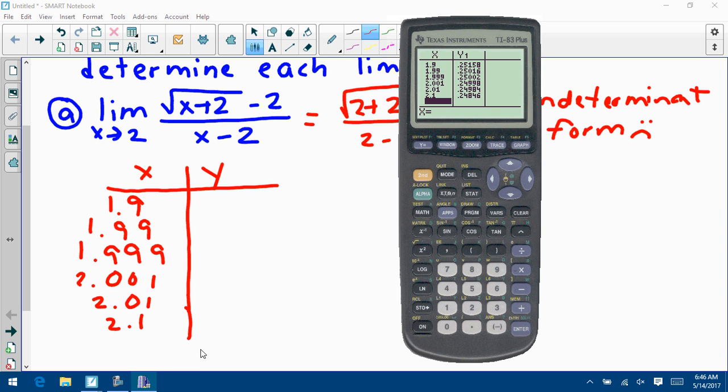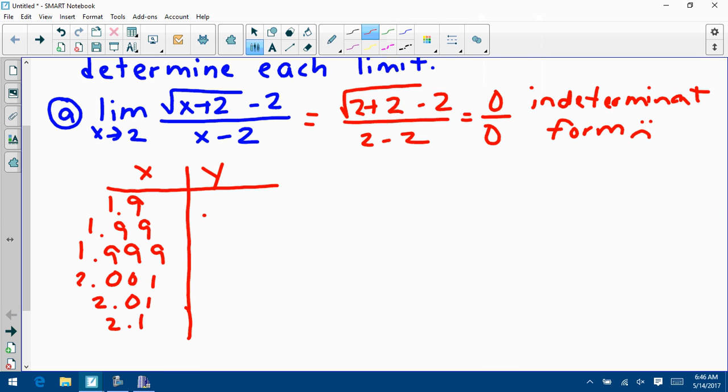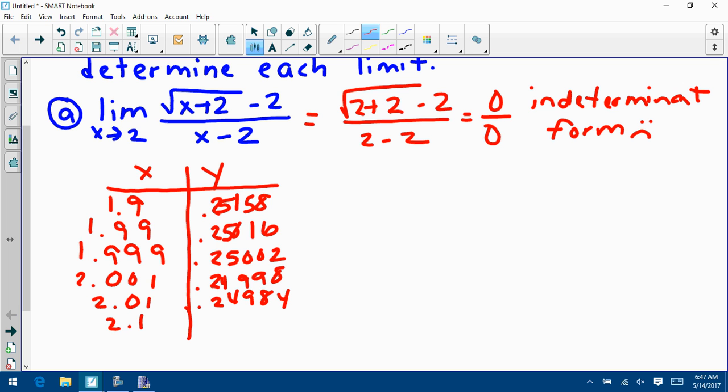So copying that down, we've got 0.25158, 0.25016, 0.25002, and on the other side, we've got 0.24998, and then we've got 0.24984 and 0.24846.